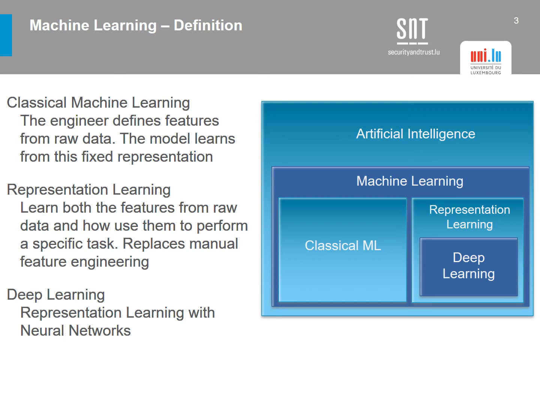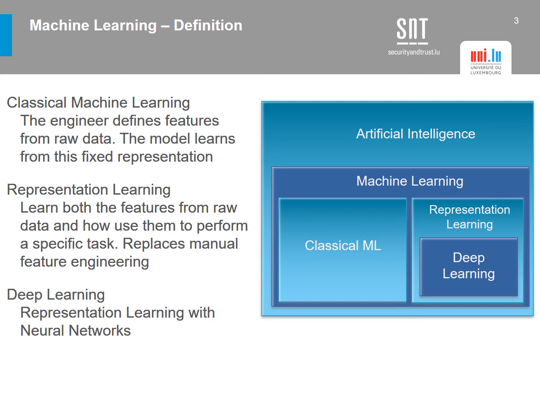Contrary to classical learning, representation learning models can learn from the raw data. In representation learning, the model learns to encode or generate its own features from the raw data and then further learns on those generated features.